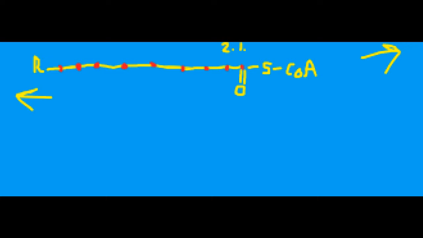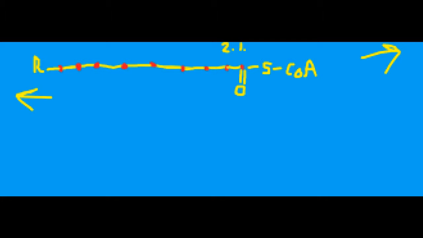So what happens? Now the first thing to occur is between the first carbon and the second carbon, and this is where a double bond is formed between the third and second. So here's the third one here, and here's the second one here.